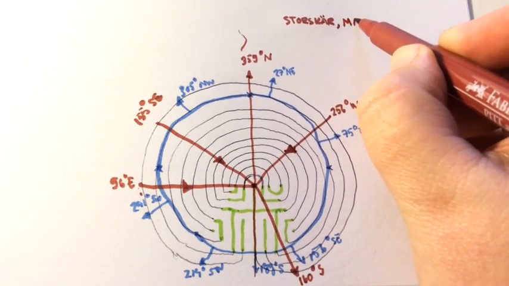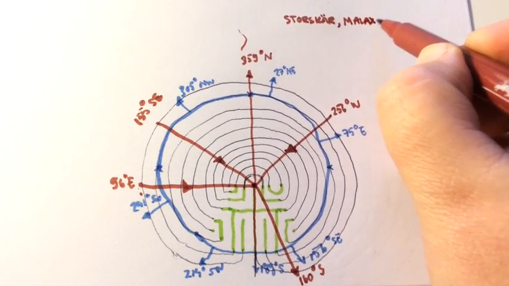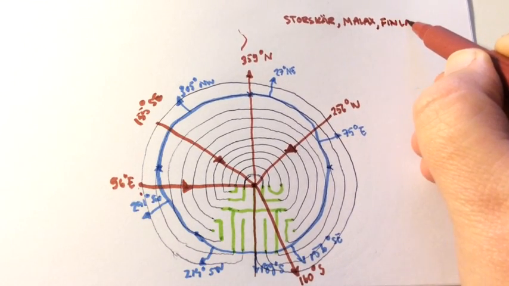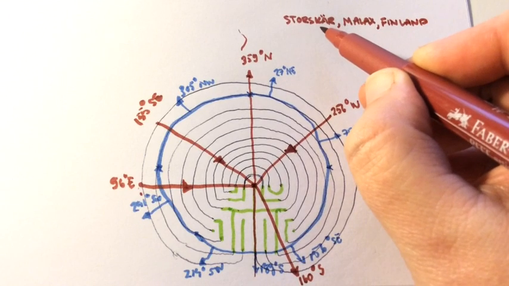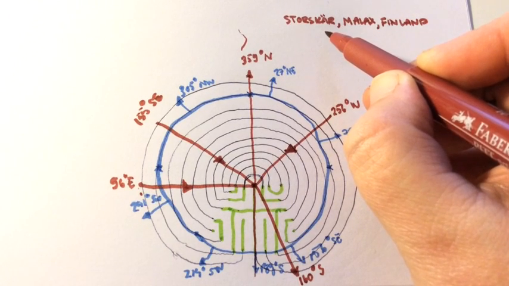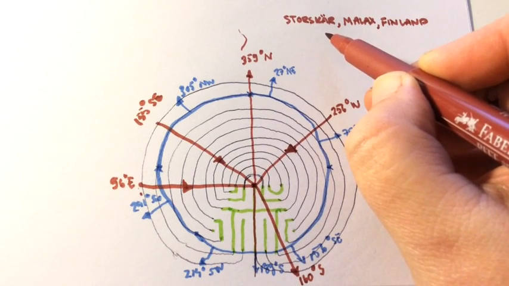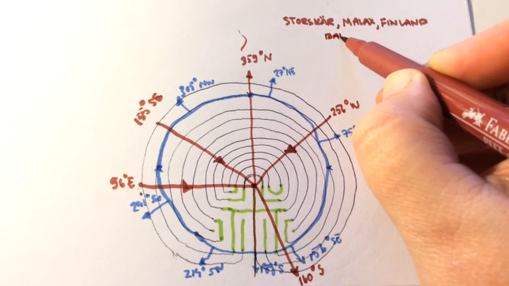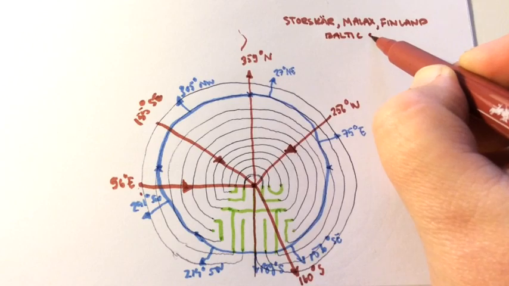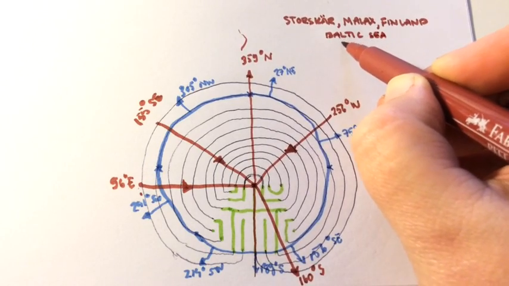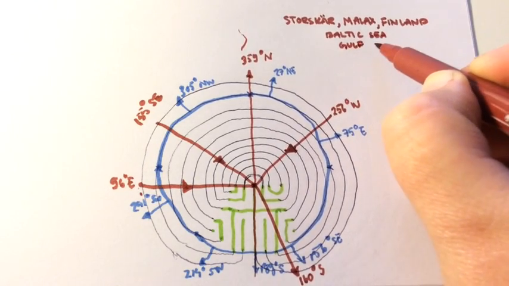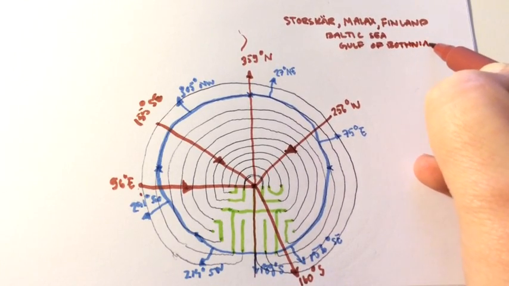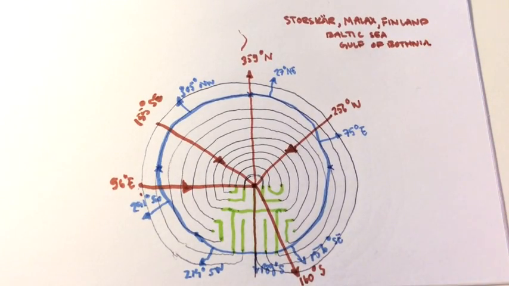It's in the municipality of Malax, and we are in Finland, Europe, and we are somewhere roughly out in the lighthouse band of the Baltic Sea. Gulf of Bosnia. There you go.